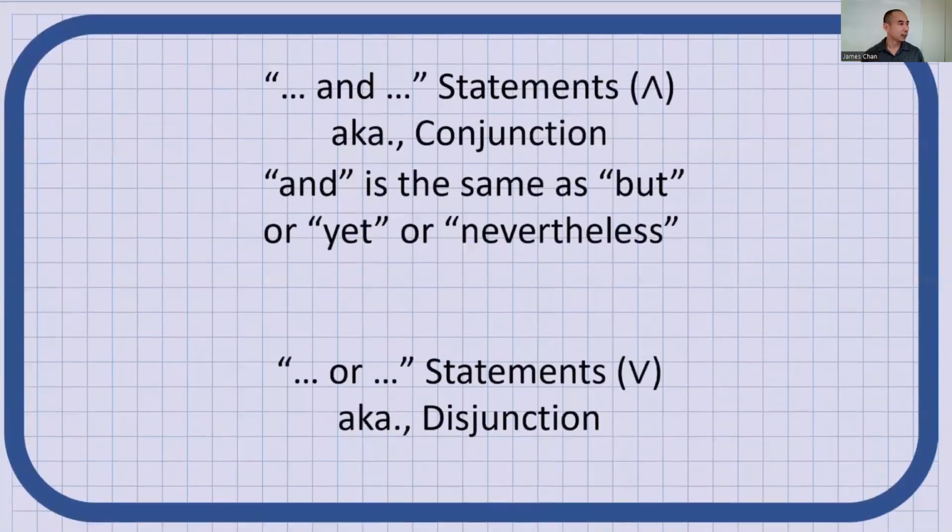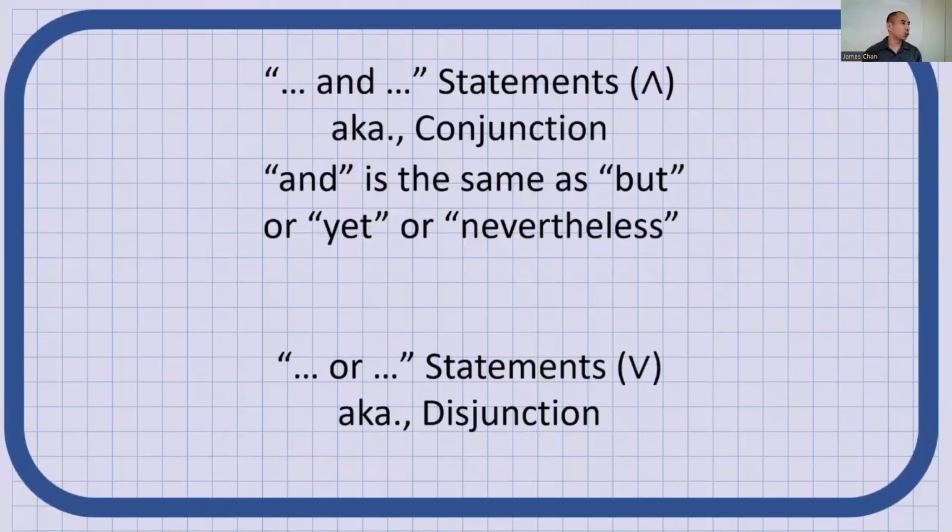Okay. So then we get into conjunction and disjunction. Conjunctions are and statements. And if you guys notice, this almost looks like an A. So that will remind you that the and statement is the one that looks like an A, and the or statement will be the flip of it.